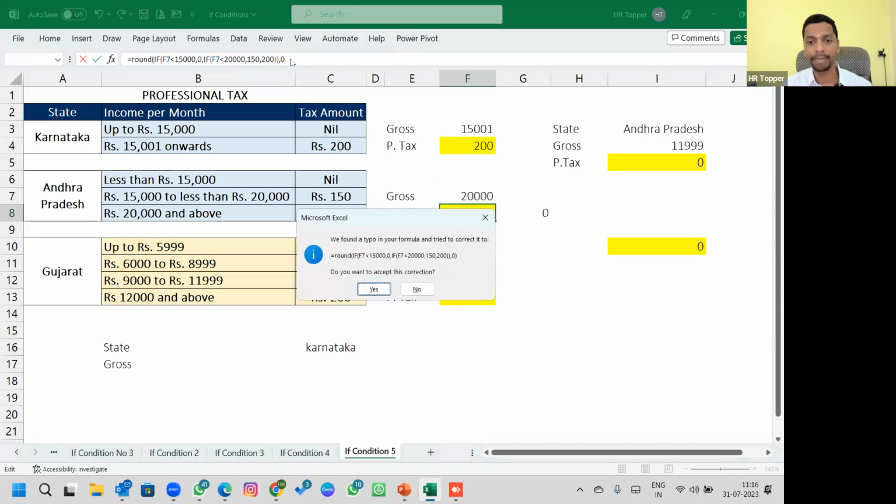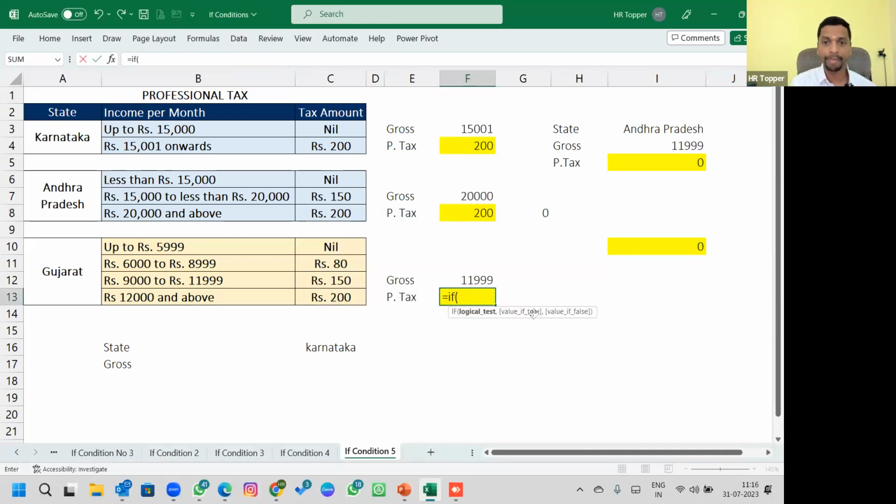That's it. Okay. Now here, the first condition: if this gross is less than 6,000 rupees, then give me 0. Now there is one more condition. So comma, if this gross, see why I told you to use ROUND, so copy and let's go and write it in the bar.